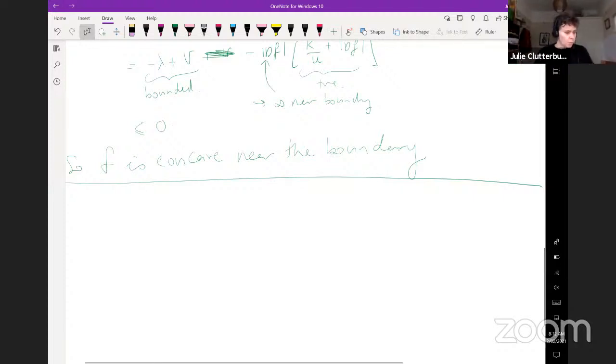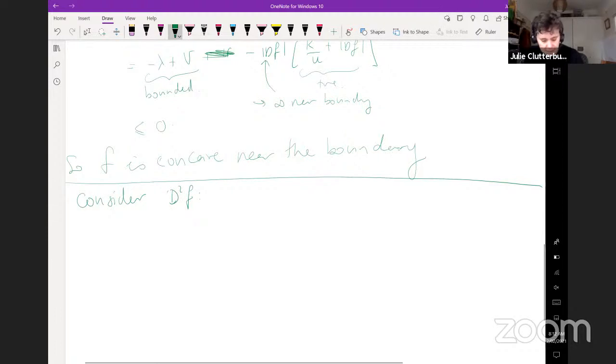So what I'm going to do is consider the Hessian d2f as a function on the tangent space.